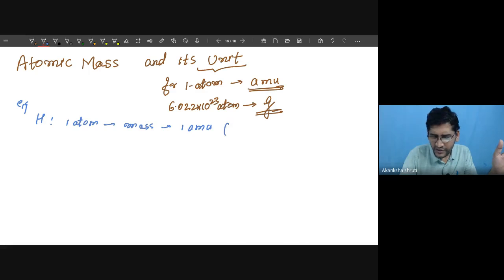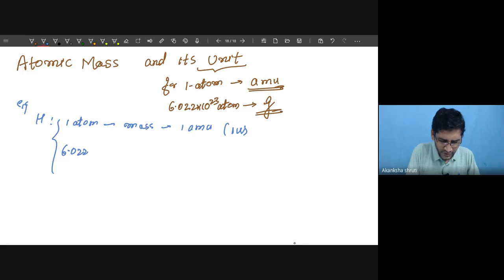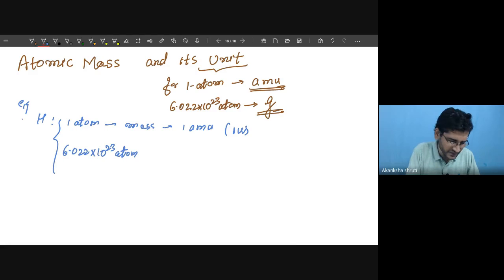Sometimes in short it is also denoted as only 1 U. But if you are taking 6.022 into 10 to the power 23 atoms of the same hydrogen, then the mass of this many atoms will be 1 gram. Are you getting?